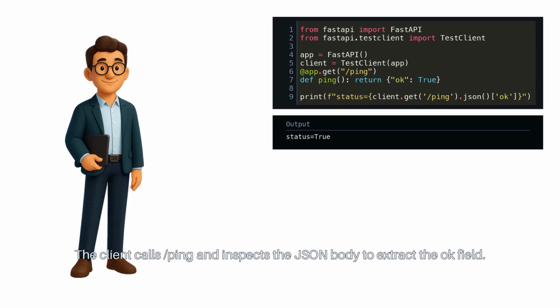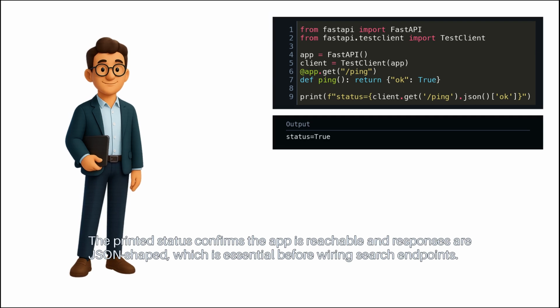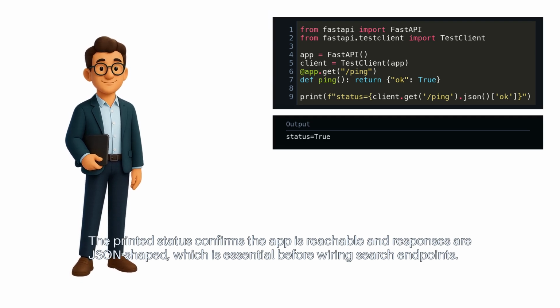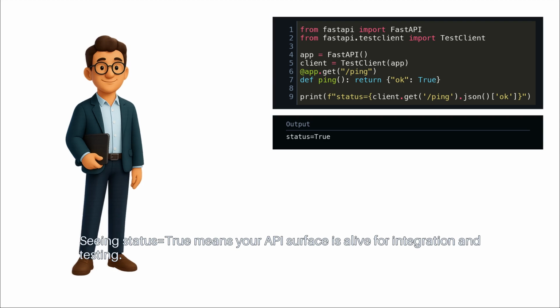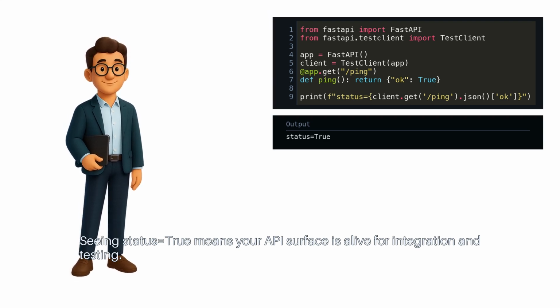The client calls ping and inspects the JSON body to extract the OK field. The printed status confirms the app is reachable and responses are JSON-shaped, which is essential before wiring search endpoints. Seeing status true means your API surface is alive for integration and testing.